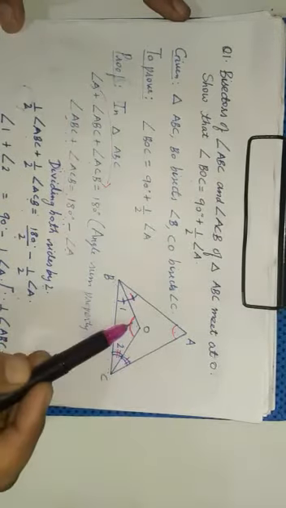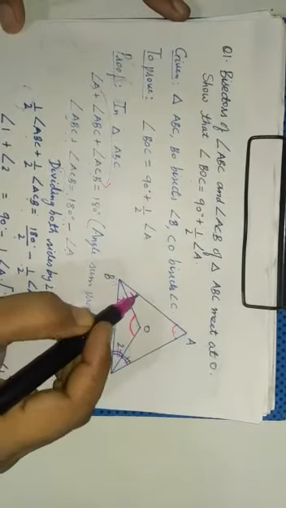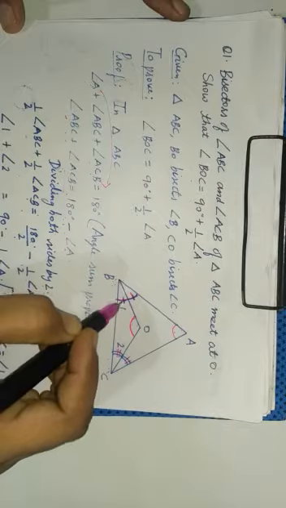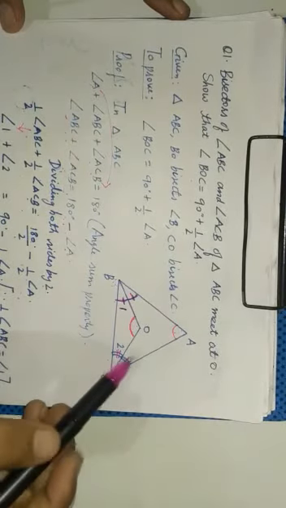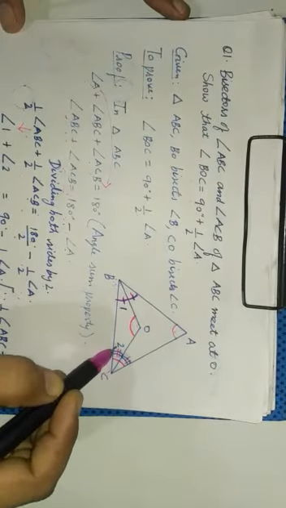Now in the figure you can see ABC. So half of ABC I can write as angle 1. In place of half of ABC I have written angle 1. Similarly, half of angle ACB equals angle 2.